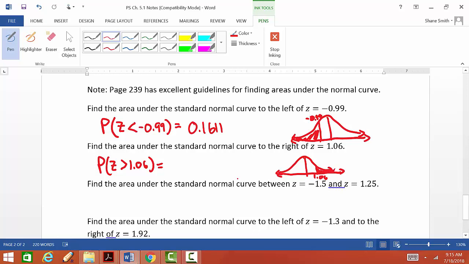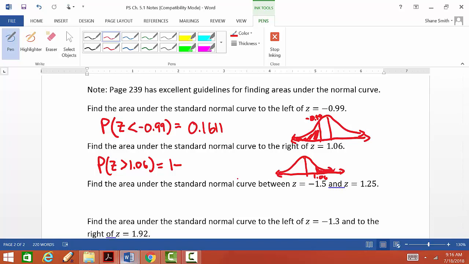Well, the table only gives us the area to the left, but if you remember, there's a property of a normal curve: the total area is 1. So if I take 1 and I subtract the area to the left, I will get what's left over, which is the area to the right. And that's exactly what we're going to do.